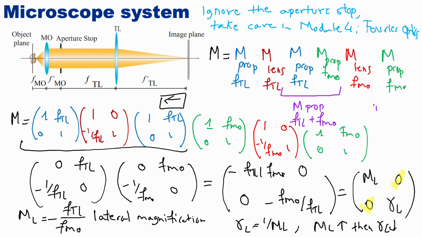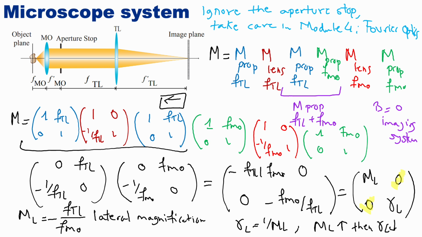B equal to 0 is for imaging systems. C equal to 0 is for parallel rays remaining parallel.